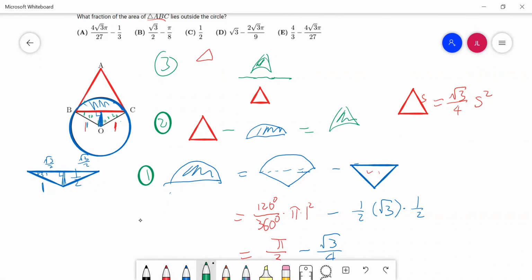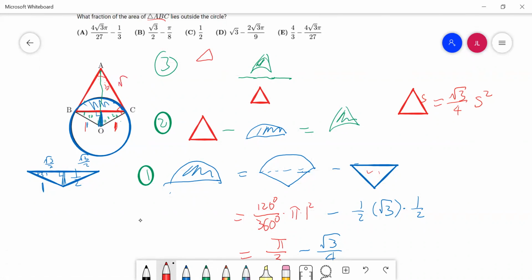Either way, we just connect O and A. Remember, this OC connects the center to this point. This is a perpendicular, actually this is a right triangle. So this is 60 degrees, and each side is going to be 30 degrees. This is again a 30, 60, 90 right triangle. This is 1, so this side is 2 of these.